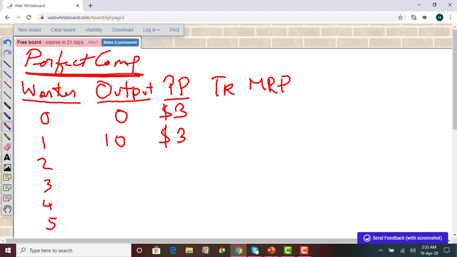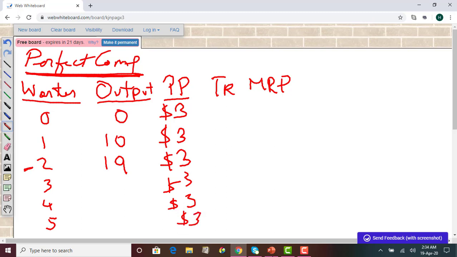That's why we have price equal to marginal revenue equal to average revenue in a perfect competition market. Then again, when I employ 2 laborers, my output goes up to 19 and the price of the output still remains $3. Basically, it will remain $3 for all possible points.